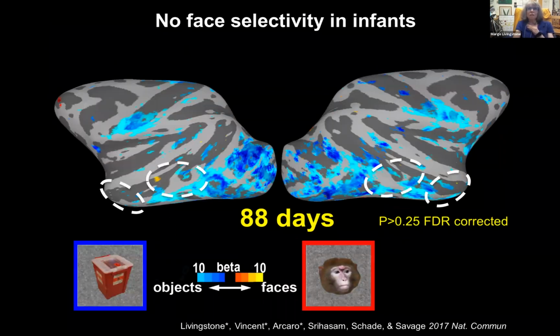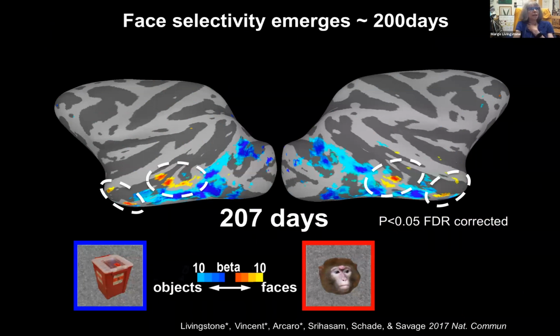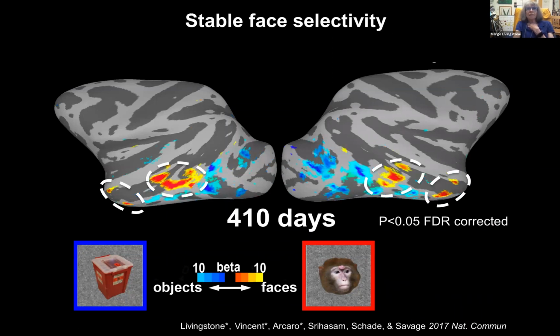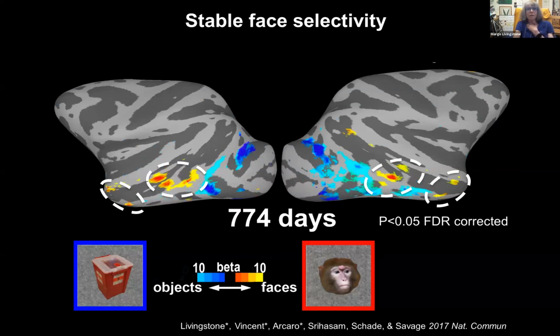We looked at the early development of face domains in baby monkeys. Earliest in development, we didn't see any face domains. By about 200 days of age, we could reliably detect face selective activity, and this selectivity was stable in these regions after that.